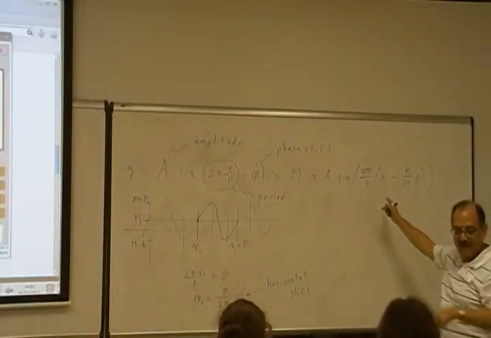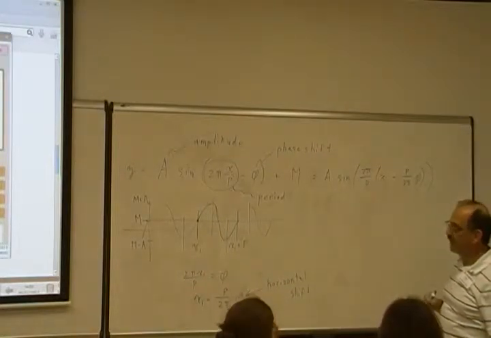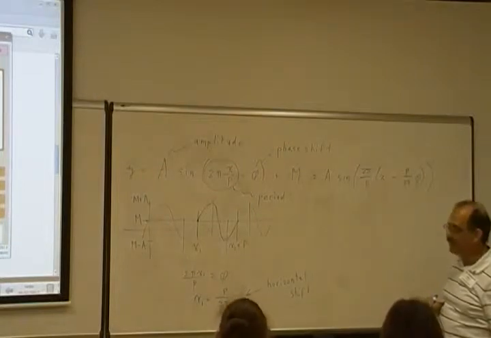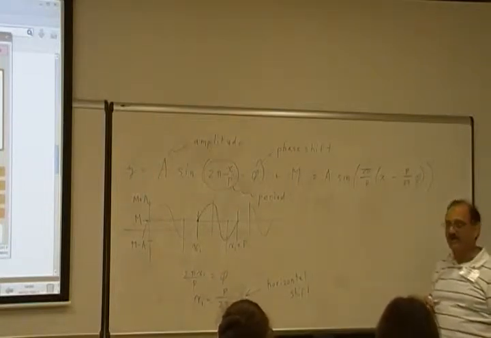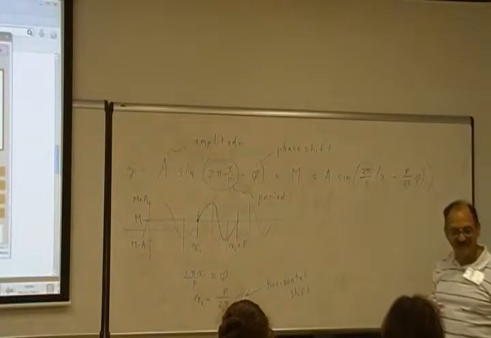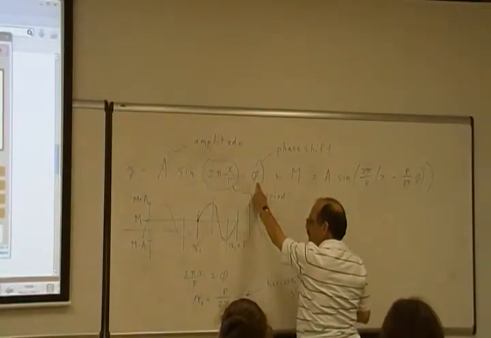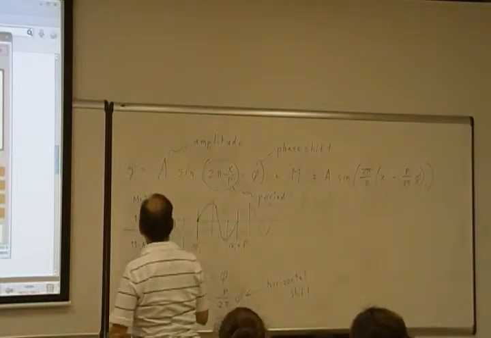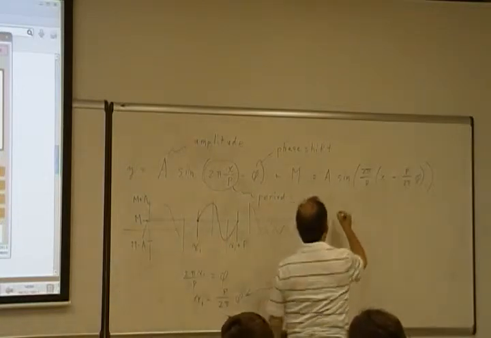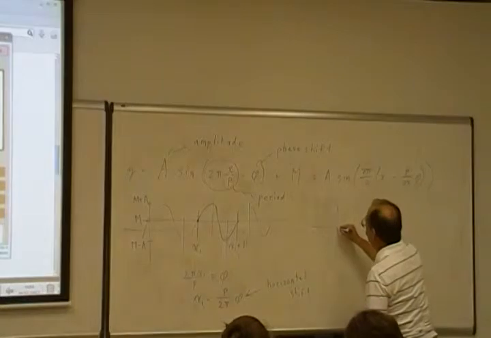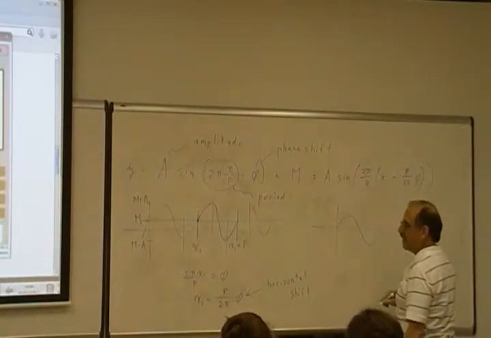Did you get the phase shift? I didn't get the phase shift. You didn't understand it. I know. That's why I'm trying to re-say it. The phase shift is the change in angle from where a usual sine function starts, starts at 0 and goes up, down, up, down.